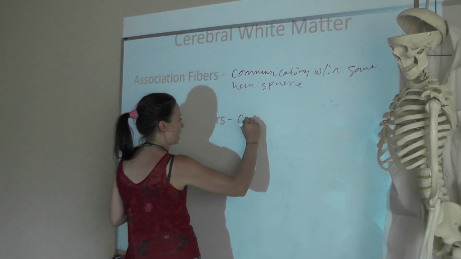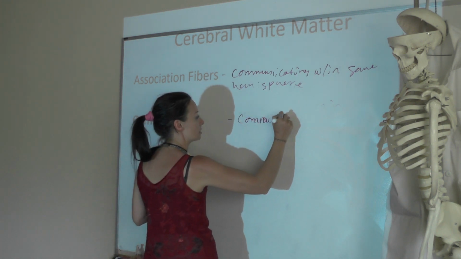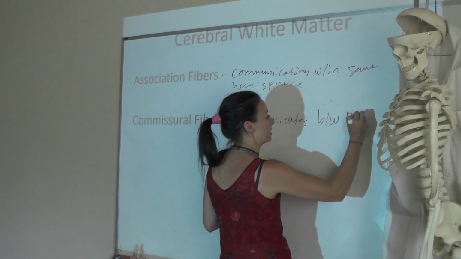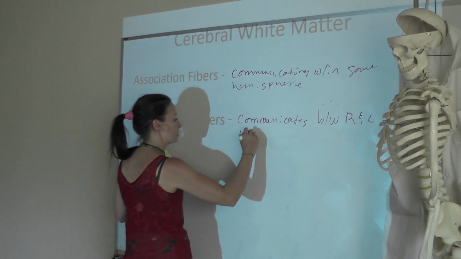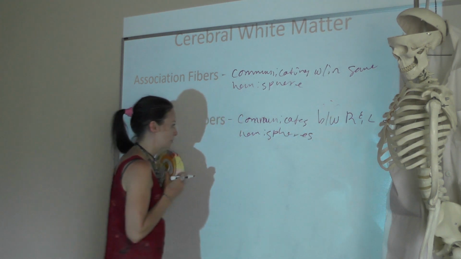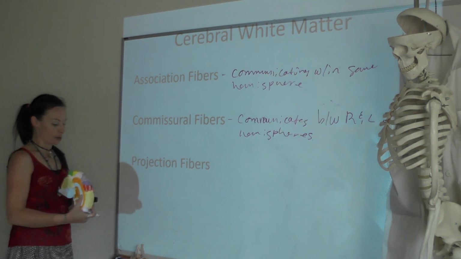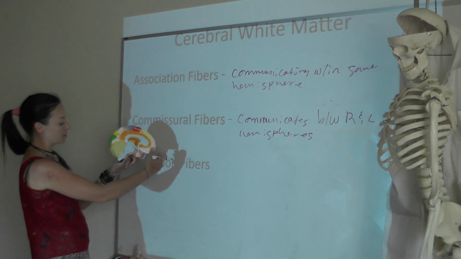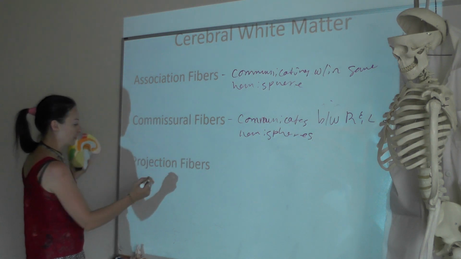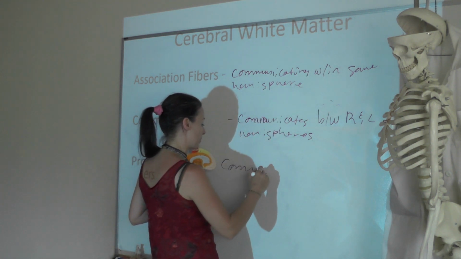So this communicates between our right and left hemispheres. And then we have projection fibers, and this is when we have neurons shooting information from a higher brain region to a lower brain region. So this communicates between higher and lower brain regions.